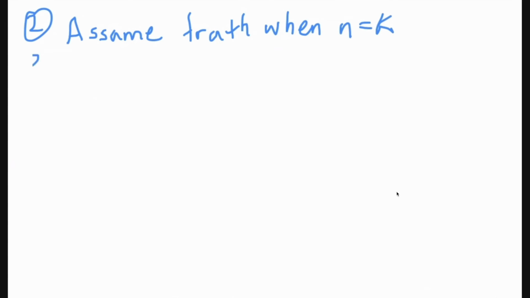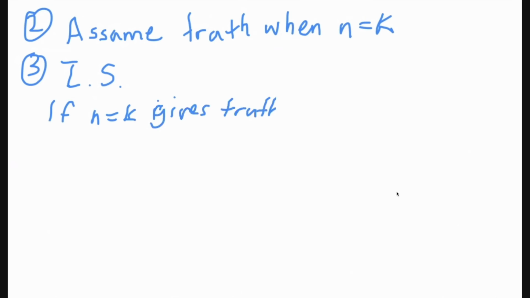And now let's move on to step number 3. Remember what's step number 3? That's our inductive step, right? So I'll just write IS. That's basically where we say if n is equal to k gives truth, which essentially means f(k) is equal to k times (k plus 1) over 2.